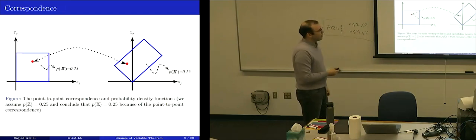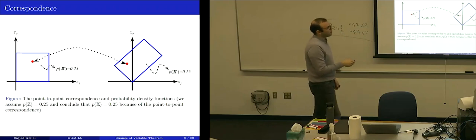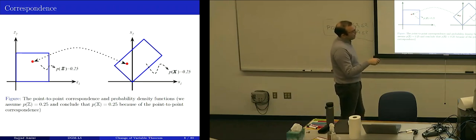The trivial inference about the distribution over x is that each point in the z space is equivalent to another point in x space. If you give me the z, I can give you the x, and vice versa, because the transformation is invertible.